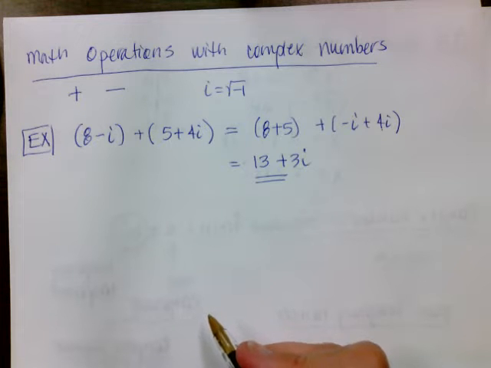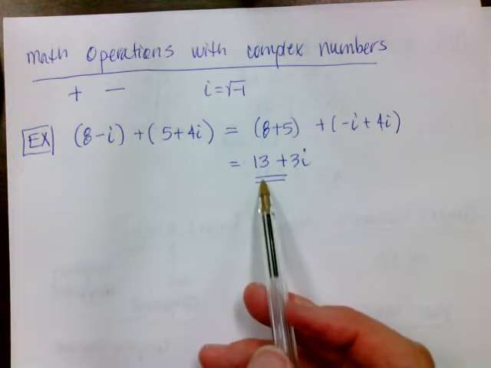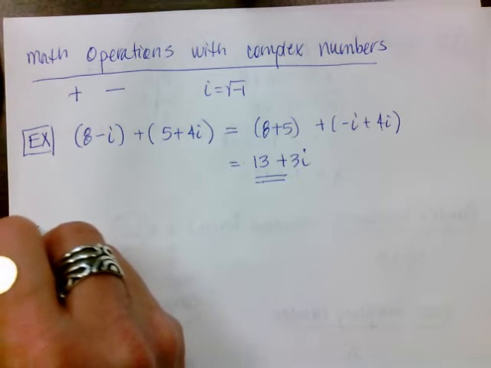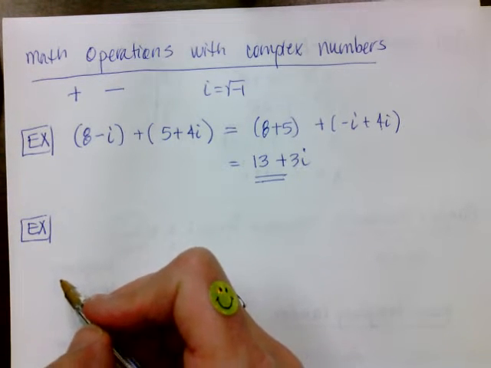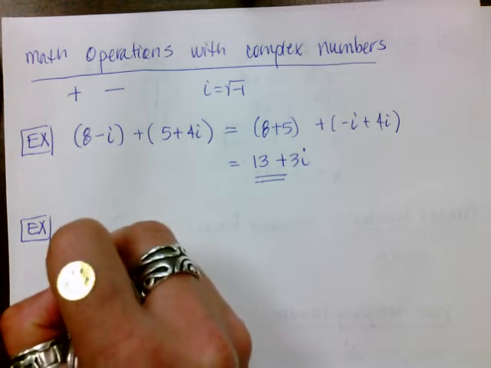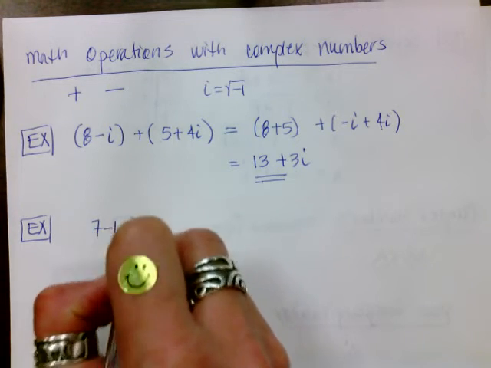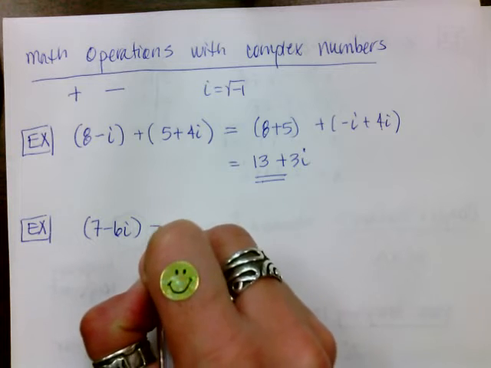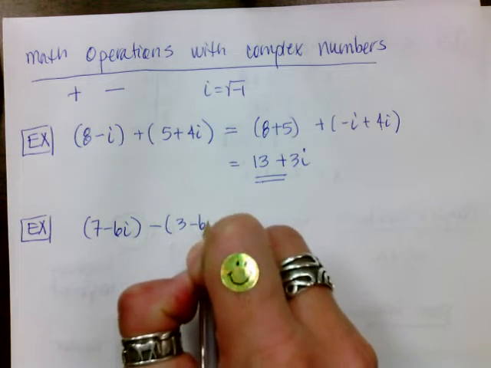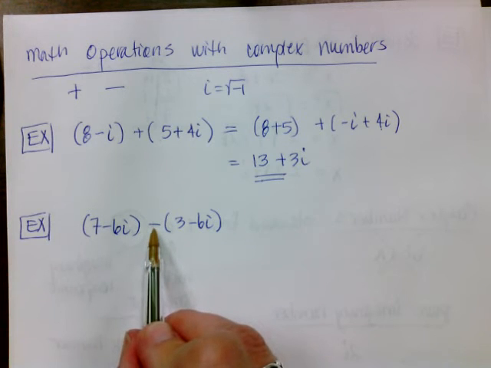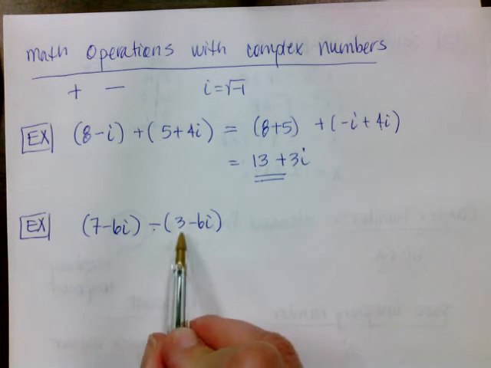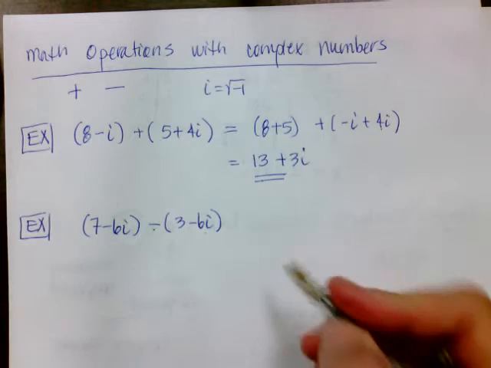Okay, so the math isn't difficult. I just combine my like terms. So now let's do another example. I would do a 7 minus 6i, and then I'm going to do minus 3 minus 6i. So the thing you need to be careful with is this negative, because I'm going to distribute that to both terms on the inside.